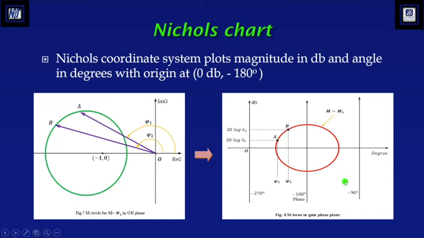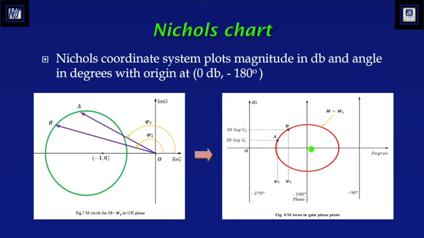The Nichols coordinate system plots magnitude in dB and angle in degrees, with origin at 0 dB and minus 180 degrees.